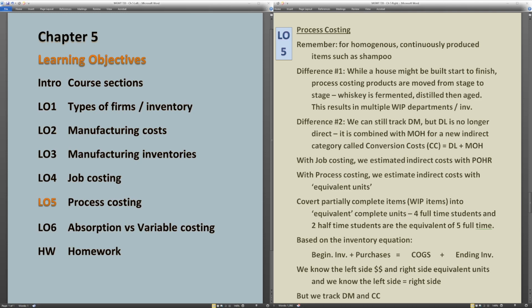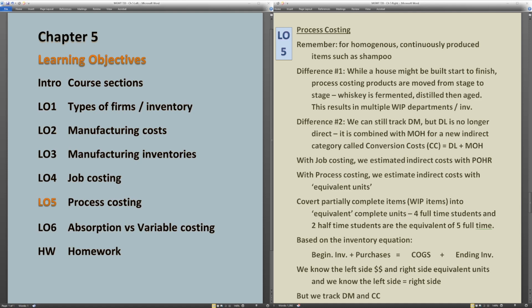Well, not to go into too deep an idea, remember we're talking about work in process. So there are some work in process items that are more complete, some that are not complete. Well, we want to have a way to figure out what are the direct material costs and what are the conversion costs, but figure out in such a way that we're only dealing with the equivalent of completed units. So what do I mean by that?